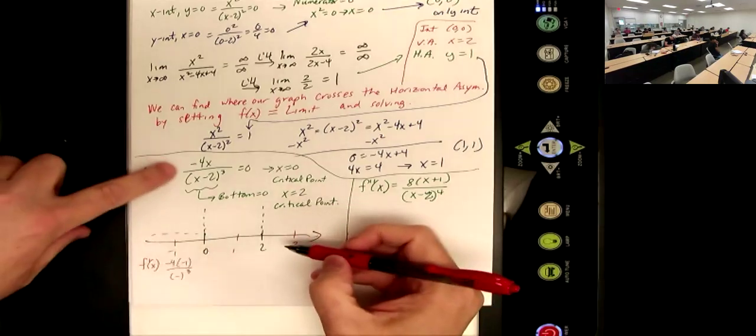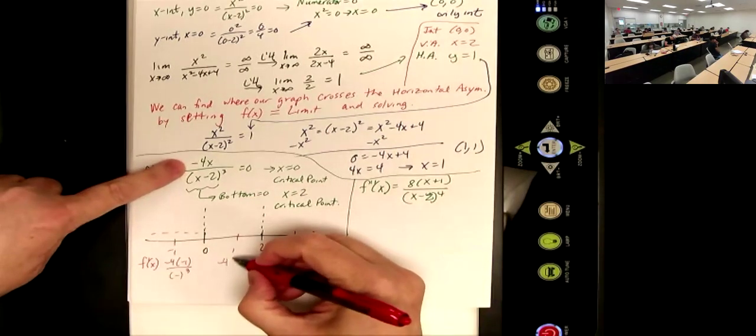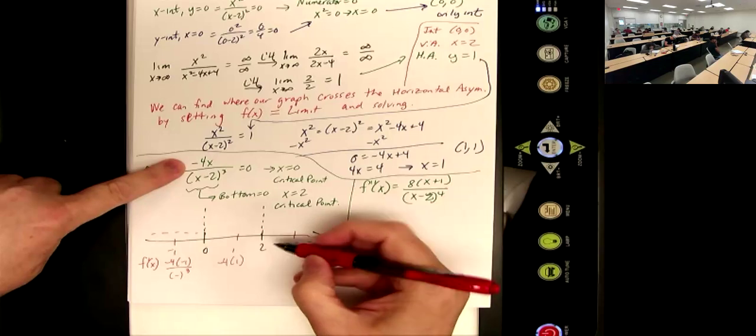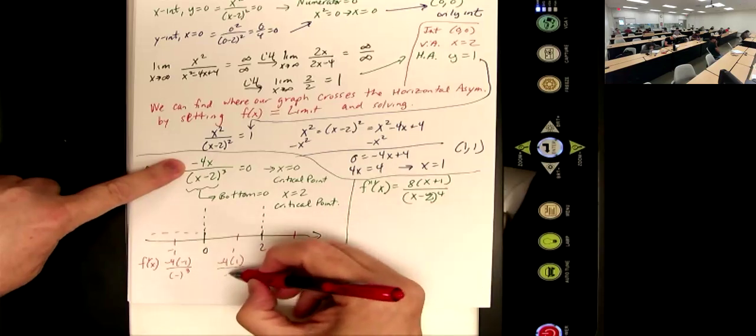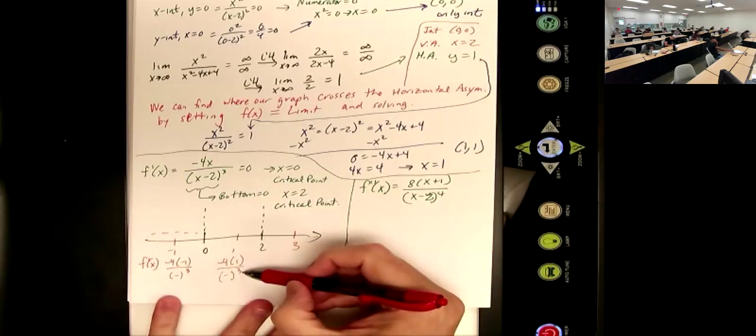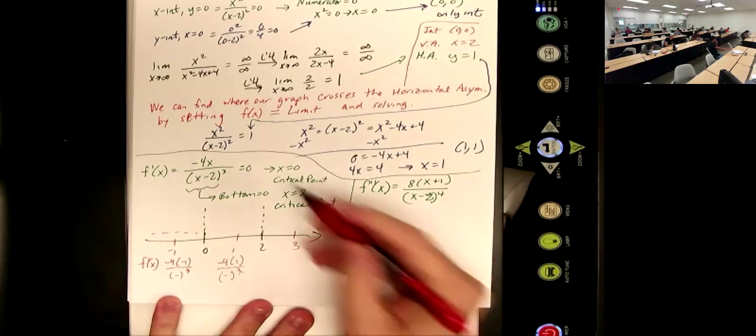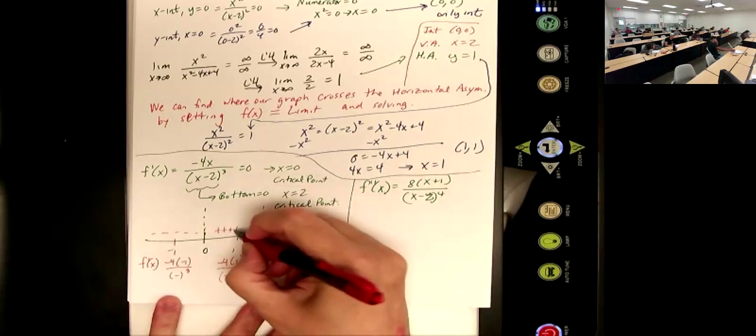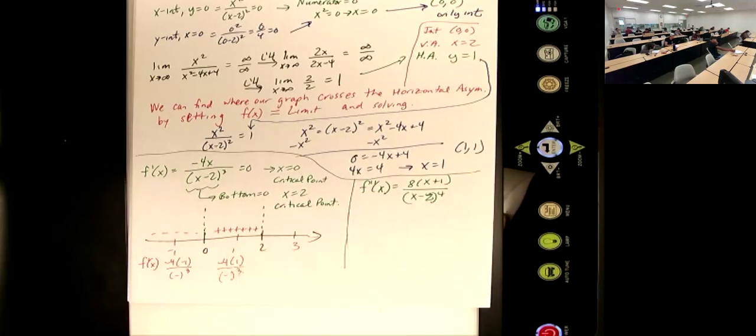If I stick in 1, I've got -4 times 1, also over a negative cubed. Here I have 4 negatives, 3 from the cube and 1 from the -4. An even number of negatives is positive.